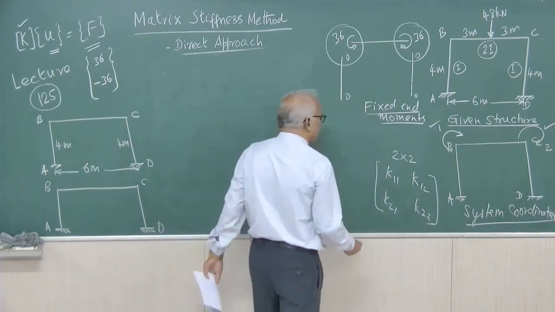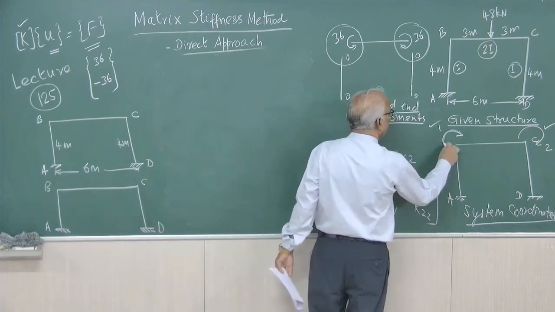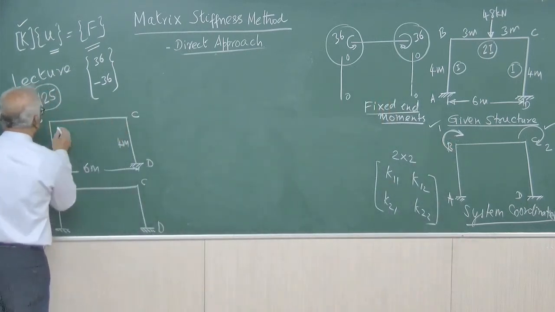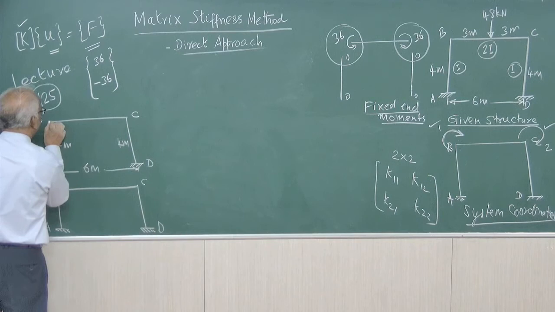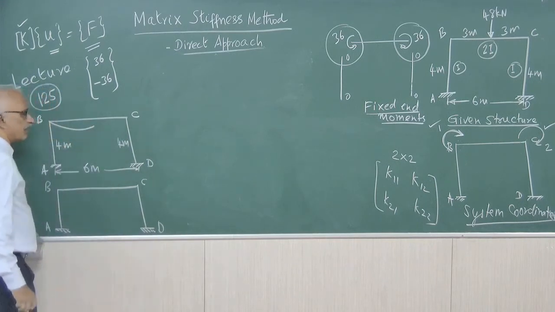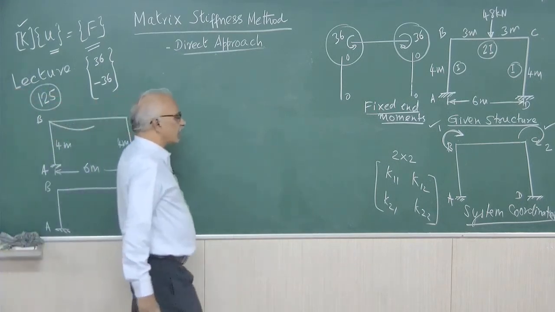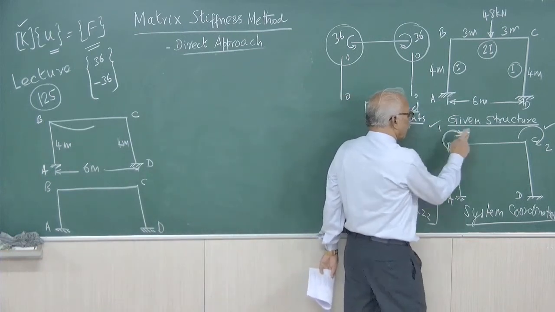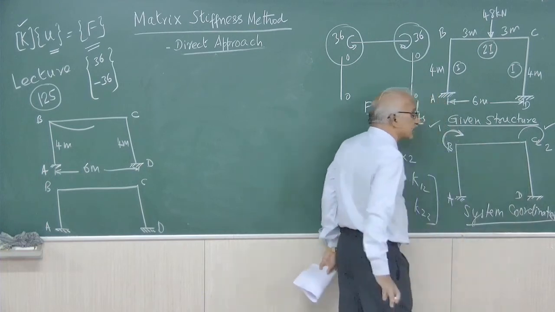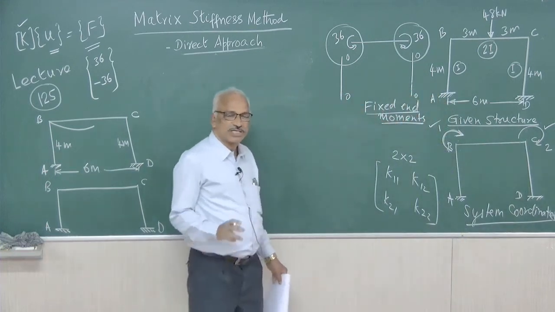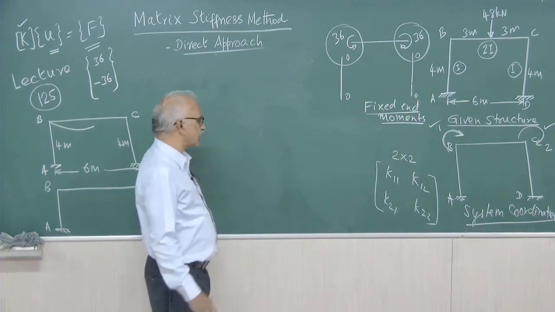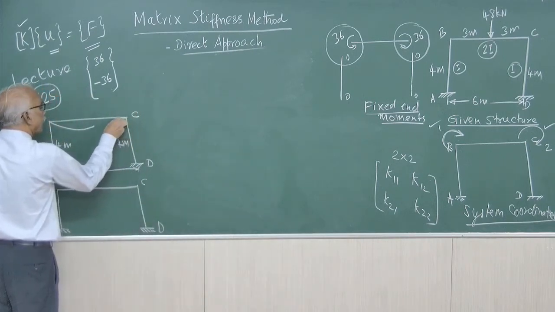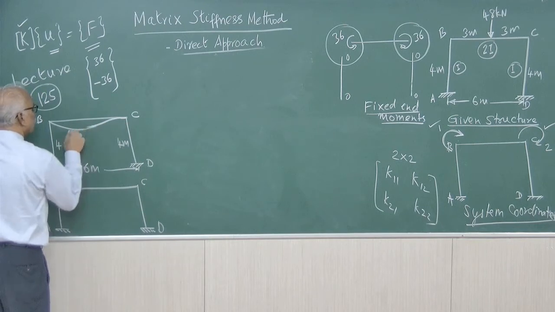The displacement corresponding to this coordinate is rotation. Therefore, apply unit rotation here. And we have to remember one point, when we apply displacement along coordinate 1, this we have to arrest it. We have to allow the displacement only one at a time. Therefore, the displacement here will be 0. So this is the deflected surface.